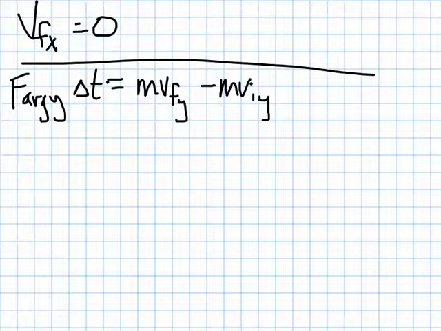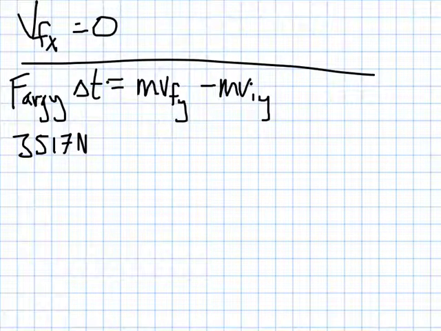So now that we've discovered that this ball comes off the bat going straight up, let's figure out the velocity that it comes off the bat. So the y component of average force turned out to be 3,517 newtons times 0.0007 seconds.